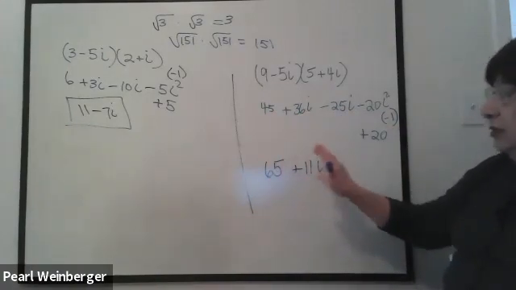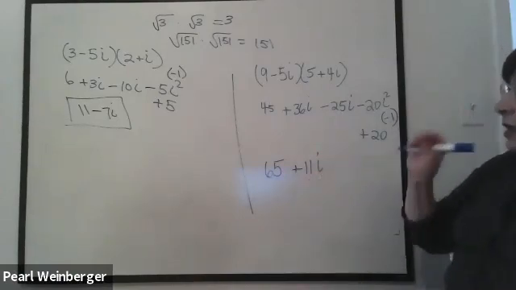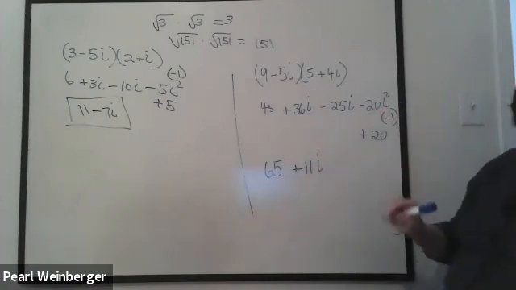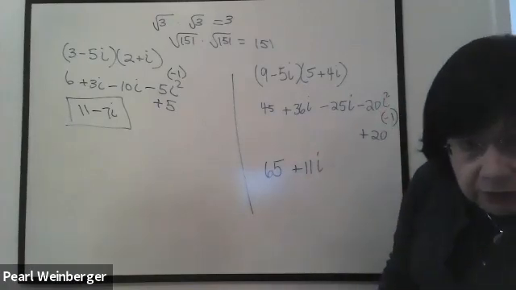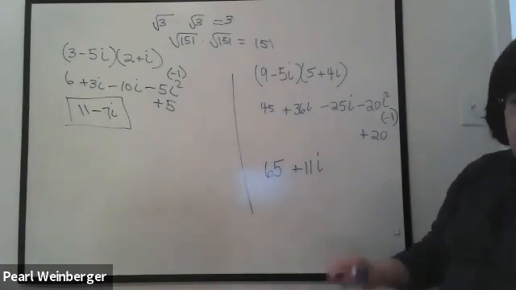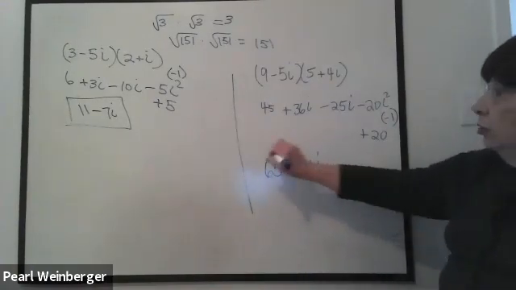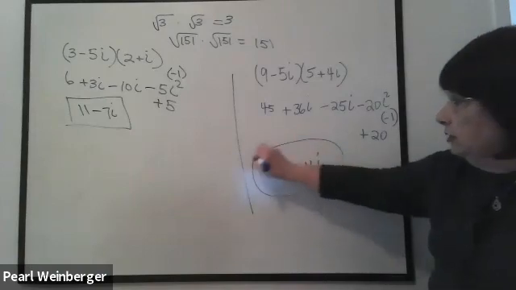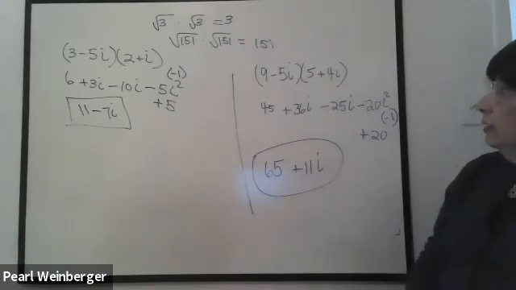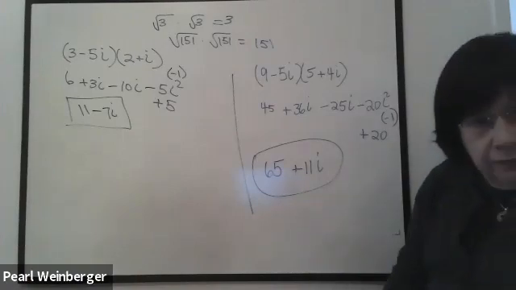The a is 65, the b is 11. It is a complex number. Do not leave your answer with an i squared. Notice you have to write the whole thing. Your final answer is 65 plus 11i. Are we okay with that?